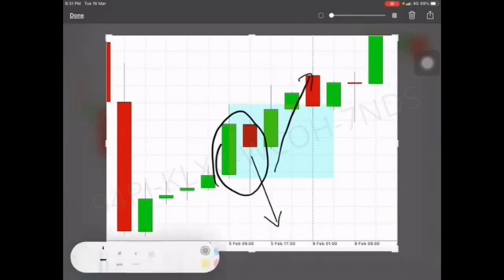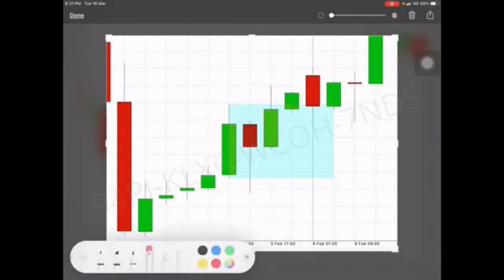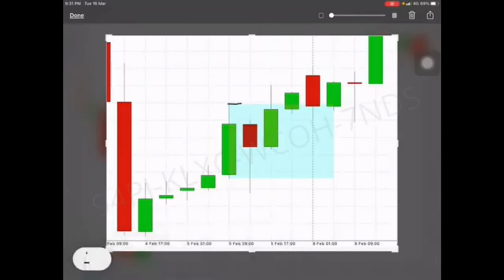Why? Because if you look closely at the marking, you will see that the upper part of the shadow has not been consumed completely. The lower shadow has been consumed, the body has been consumed, but not the upper shadow. Do you understand?